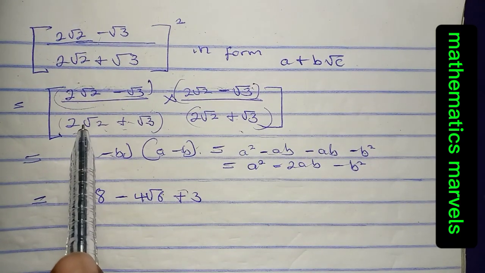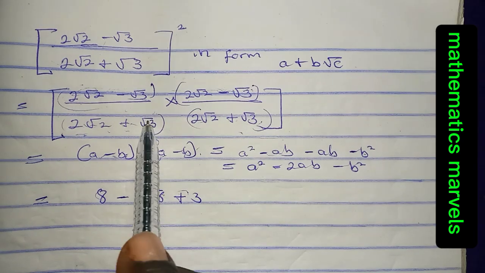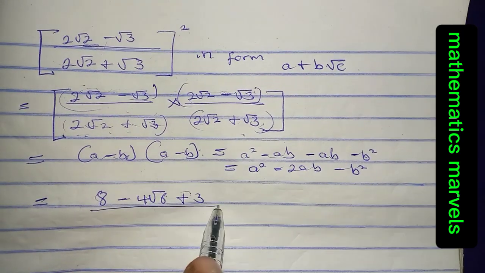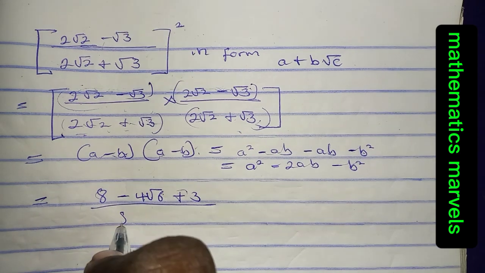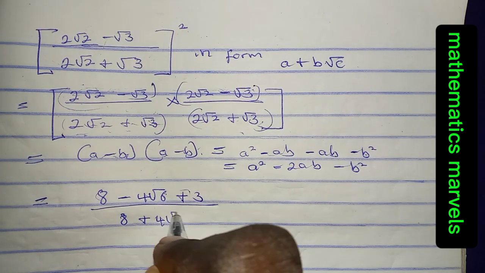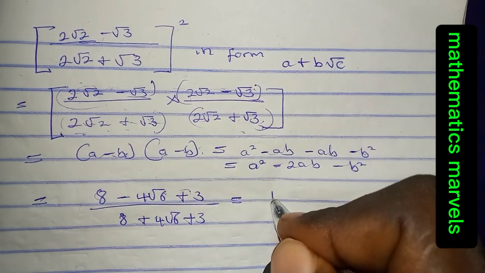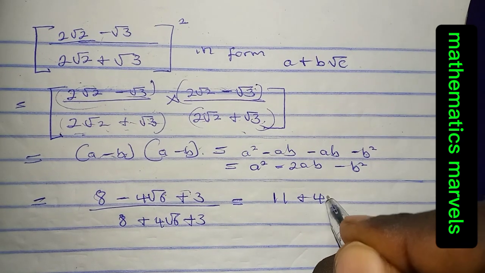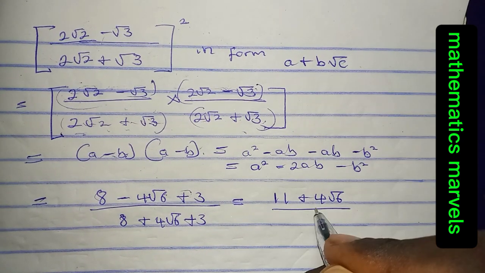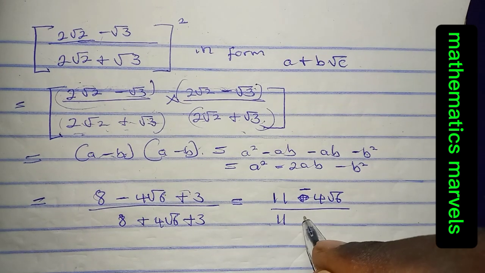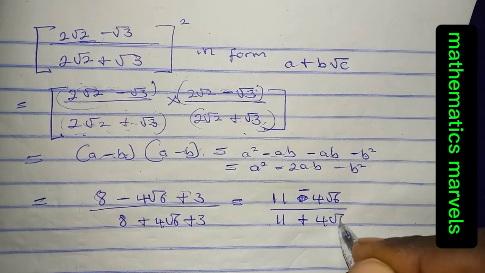Also for the denominator, this times this, and add it together. For the denominator, we have 8 plus root 6 plus 3. So we have 11 plus 4 root 6 over 11 minus 4 root 6.